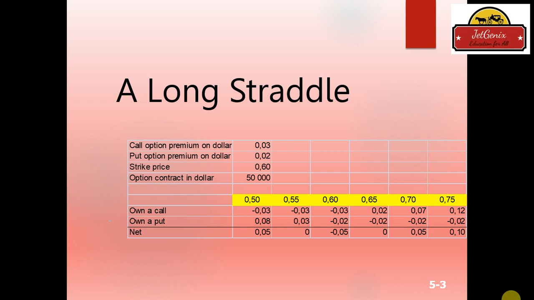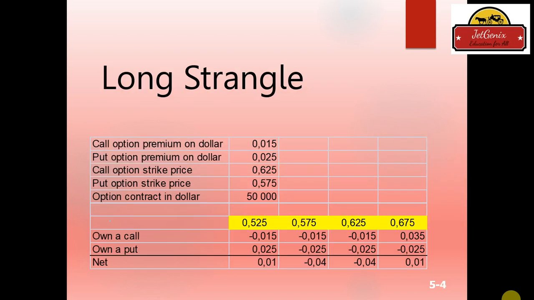Okay, now come to the strangle strategy. In the strangle strategy, as I told you, we will purchase the call and put options both at the same time, but with different exercise prices. If you can see here, the call option premium is 0.015, the put option premium is 0.02.